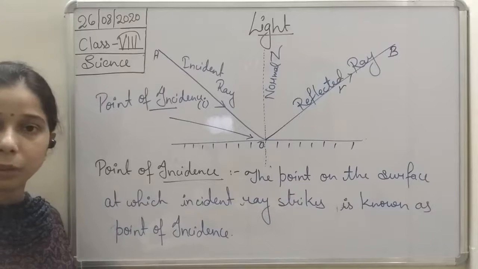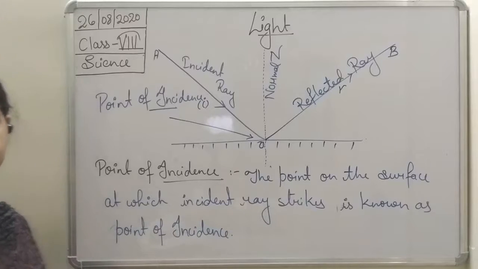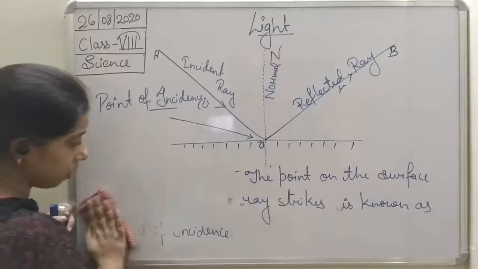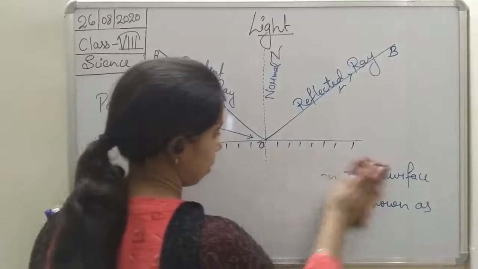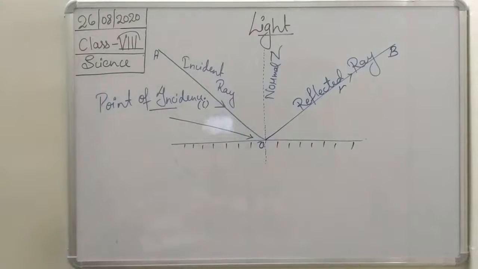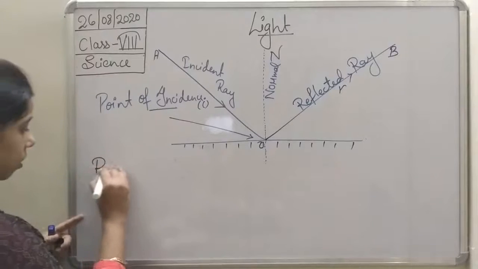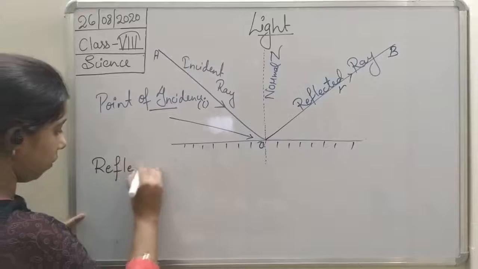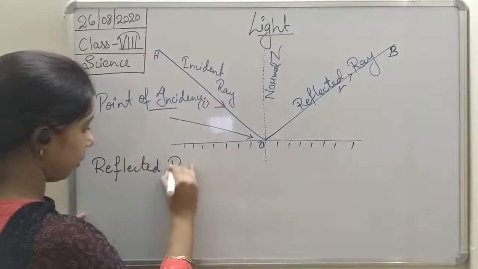Now we will talk about the reflected ray, students. The reflected ray is the ray of light which bounces back from the surface, students, from the surface of the mirror.